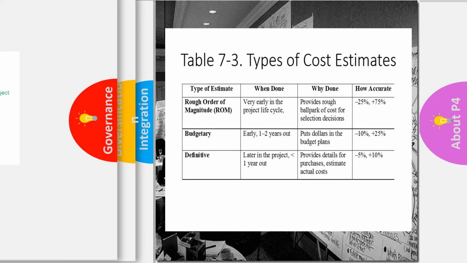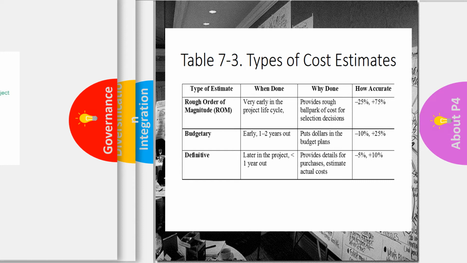When we look at types of cost estimates, we can see it from a rough order of magnitude, very early in the project life cycle, with accuracy of maybe -20 to +75%. Then you can have a budgetary estimate early, 1 to 2 years out, -10 to +25%, or definitive when you've gone deeper into the project and have a better estimate of what these costs are.